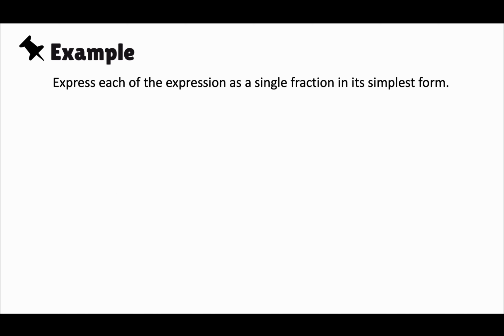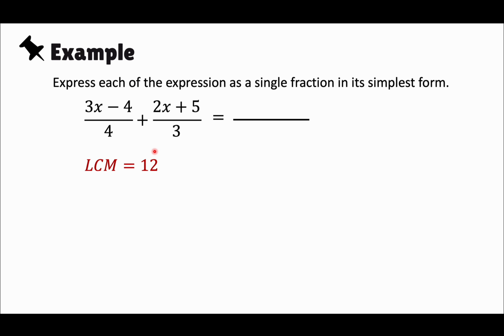Now, let's have a few more examples. Let's say we have (3x - 4)/4 plus (2x + 5)/3. Again, we have to get the LCM of our denominators. The denominators are 4 and 3, so the LCM is 12. So I have one whole fraction, all over 12 plus all over 12 again.